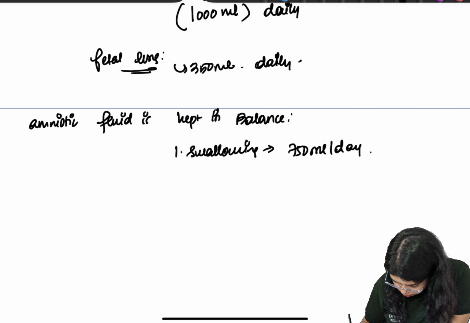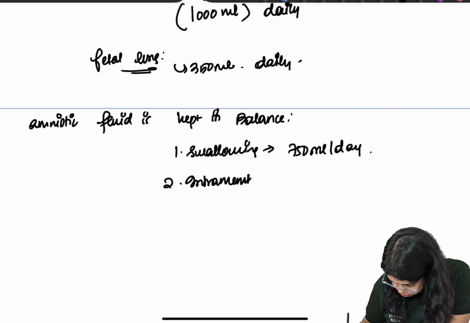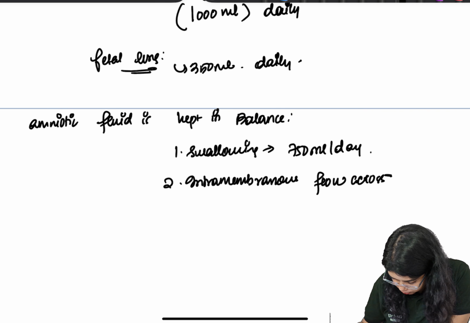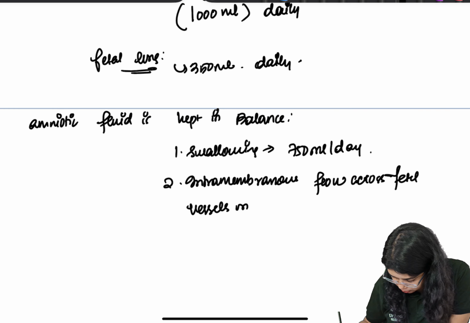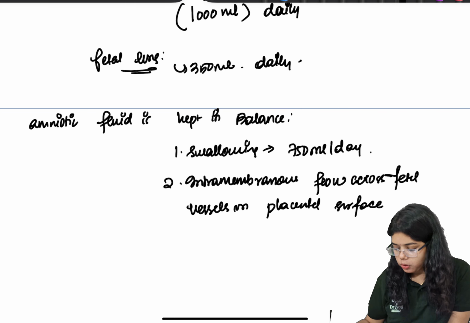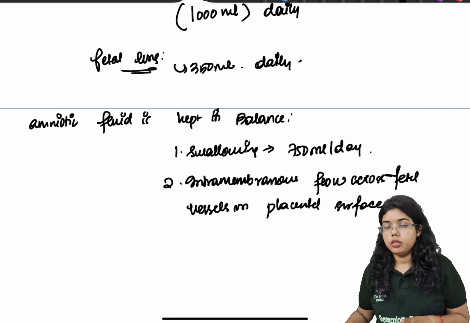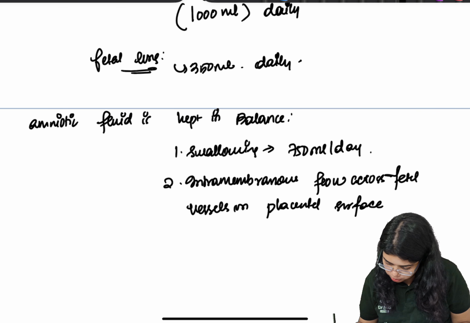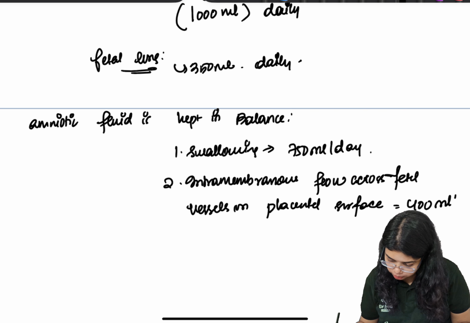And by the intramembranous flow across the fetal vessels on the surface of the placenta, it is absorbed, 400 ml per day.